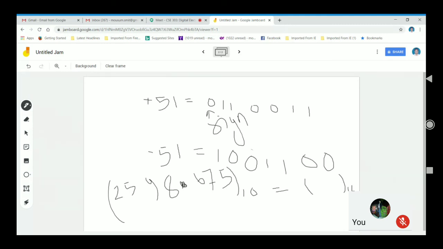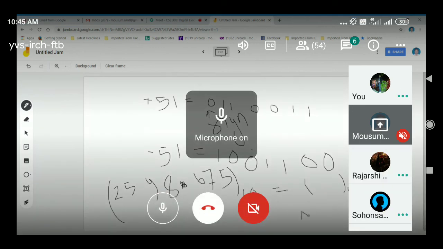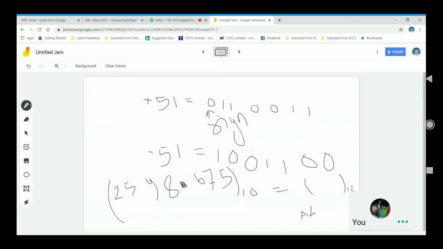The answer is A26.ACC. A26, dot ACC. Very good. So how many C's are you using? Only two C's is sufficient. If you are using three C's also, then it is no problem, but your answer must be correct. Three C's is also no problem, but you can write two C's. Two C's is okay.